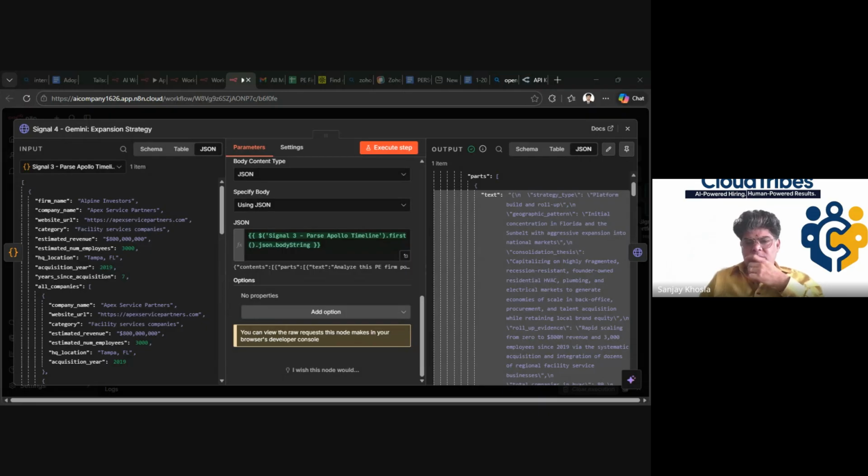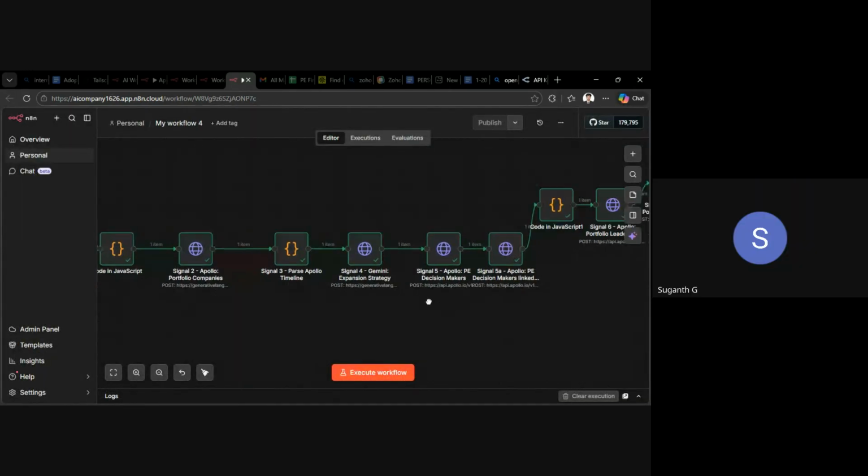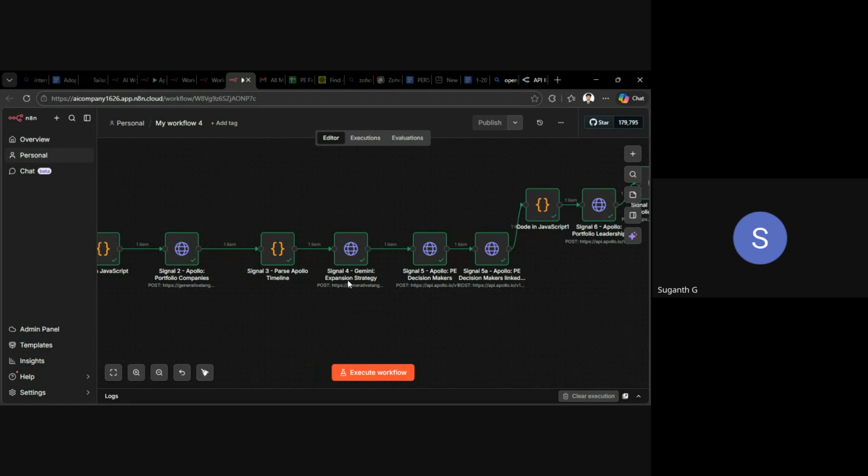Can you come out of this and look at that workflow, or show us the workflow? Yes, sir. After the signal 4, we extract the expansion strategy from those companies. We extract the PE decision makers using Apollo here.